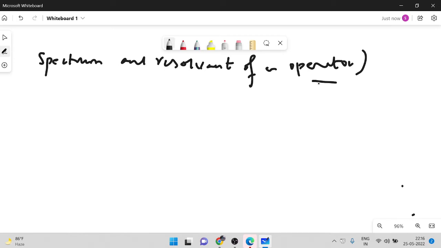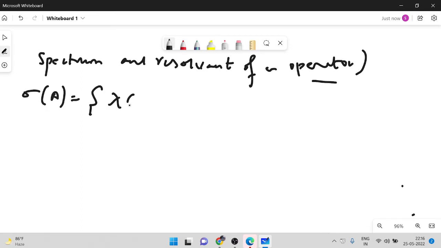Then I gave an example where we have a semigroup. We solve the heat equation via the variable separable method. From the heat equation we get the double derivative, so that's an operator A. Now I'm going to tell you something about the spectrum and resolvent of an operator. So sigma of A is called the spectrum of an operator.